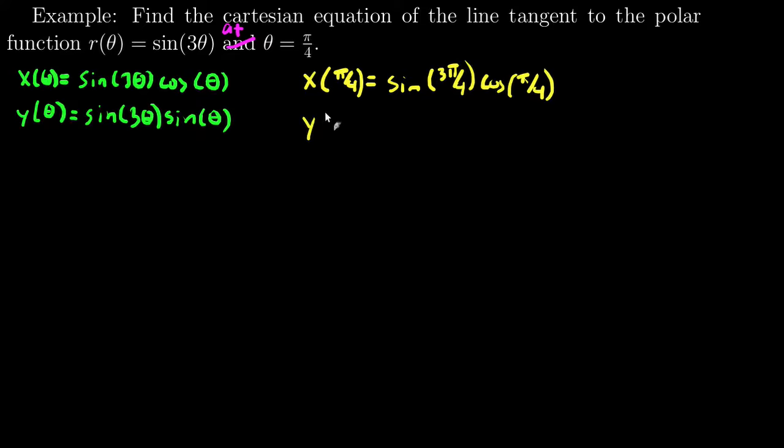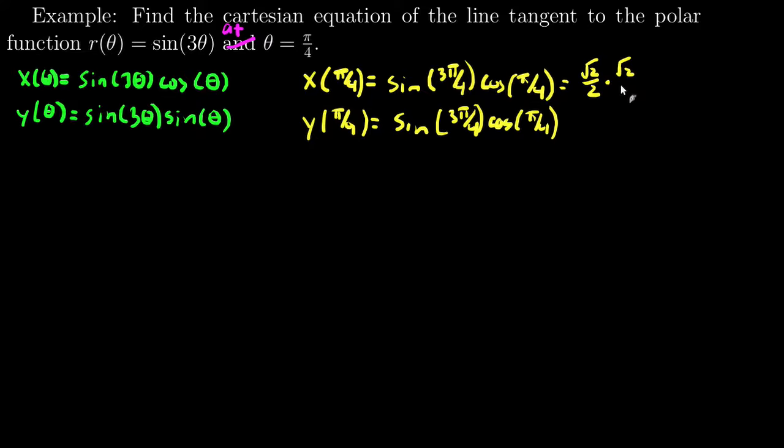The sine of 3 pi over 4 is root 2 over 2, and the cosine of pi over 4 is also root 2 over 2, which gives me 2/4 or 1/2.